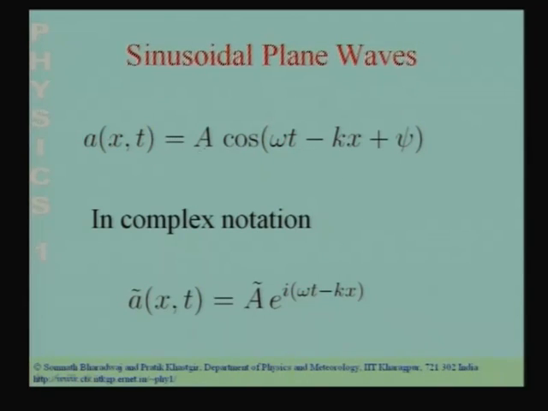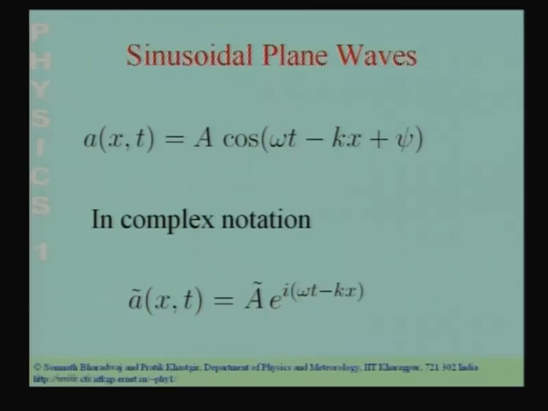In complex notation, we can represent this as A tilde, which is a function of x and t. You should remember that only the real part of A tilde is A, the imaginary part is to be rejected when we ask what is the real thing A. And we can represent this equation through this complex equation over here, where A tilde, which is a function of x and t, is equal to a tilde e to the power i omega t minus kx.